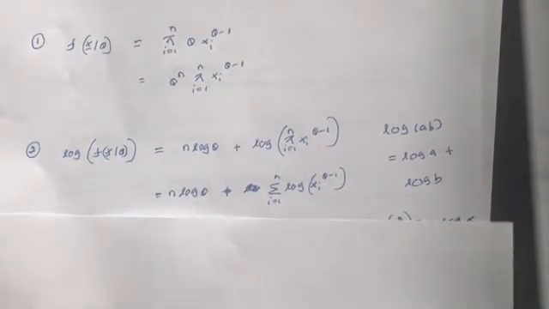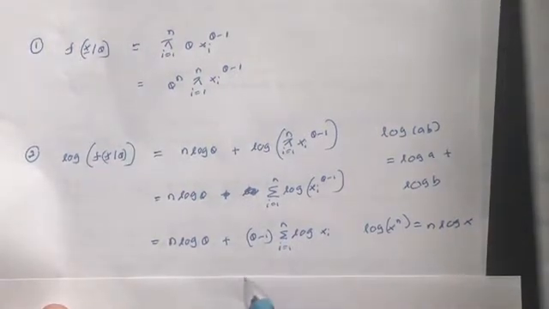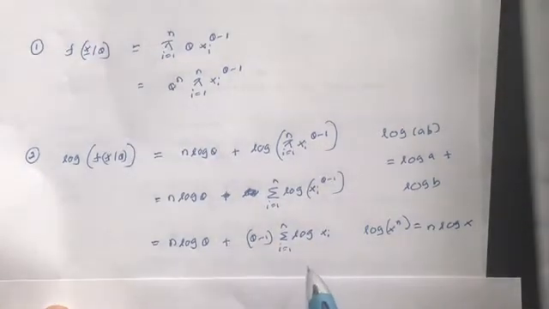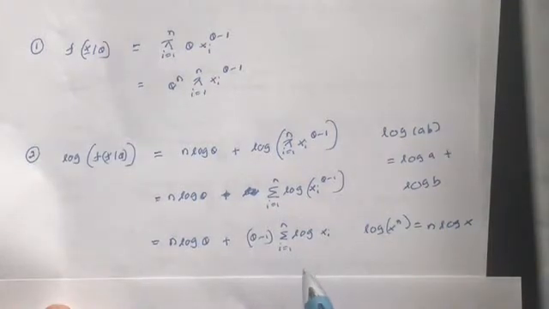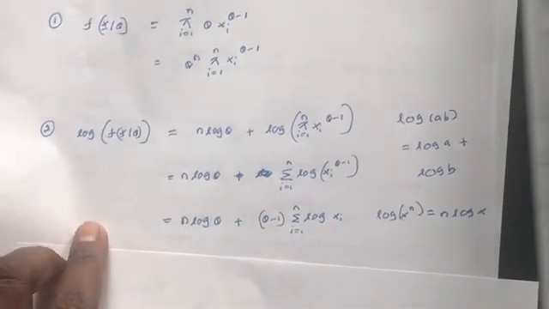After that, you can use the power rule of log and further simplify this as n times log theta plus theta minus 1 times the summation of log of xi. Okay, so this is basically the second step.